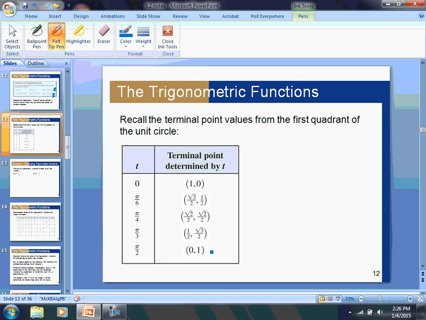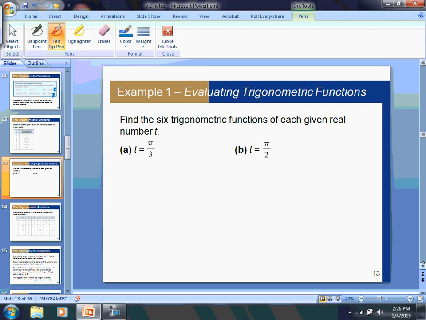So if we can find out the location in the unit circle, find out which of these measurements it's referencing, then we can evaluate the sine, cosine, tangent, or cosecant, secant, or cotangent of that t value, and then just make the sign appropriate for whichever quadrant we need to be in. So that's what we're going to practice now in this example.